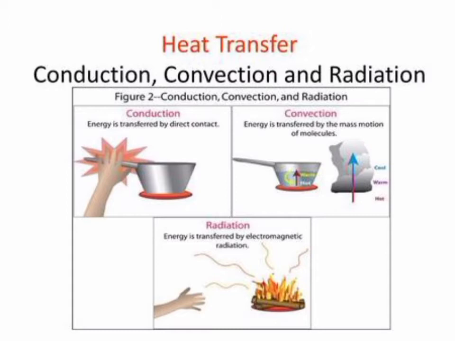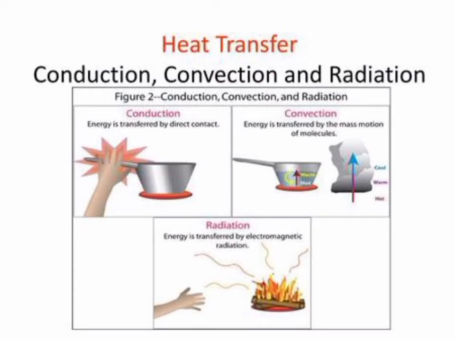Now I was saying in the beginning that heat transfer is based on the molecule. Heat transfer only occurs when we have different molecules passing the energy, in terms of joules, from one molecule to another. And this is thanks to the kinetic theory, which states that matter, or substances, are made of very, very small particles which are always in constant motion.